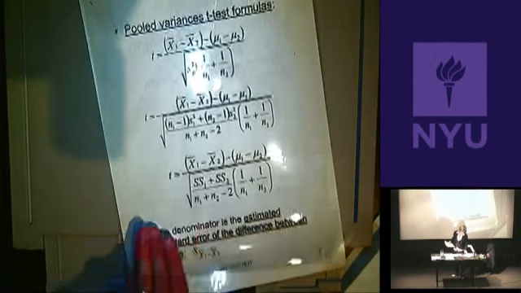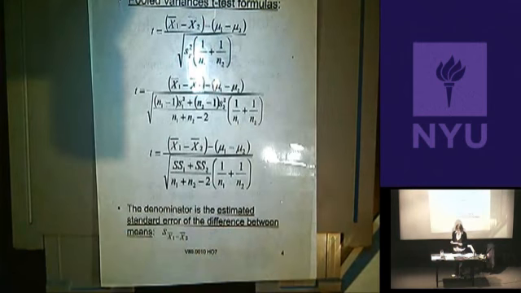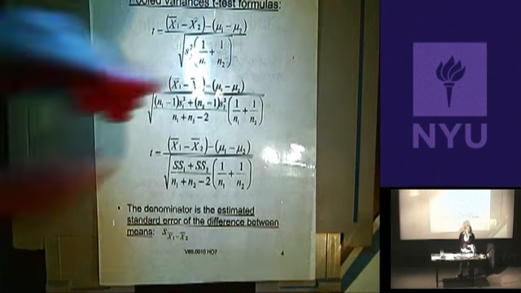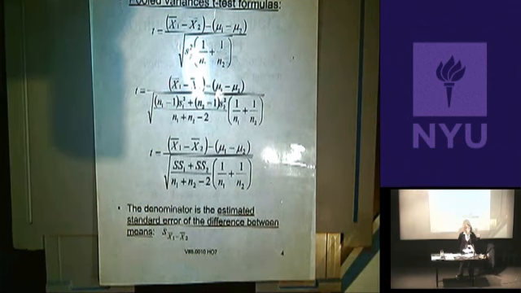Now, the next page, again, more formulas. That's why I've narrowed it down, so don't fret. Okay? So these are pooled variances formulas. The numerator is the same in all of them. What's different? The denominator. Why are those denominators different? It's not a big deal.